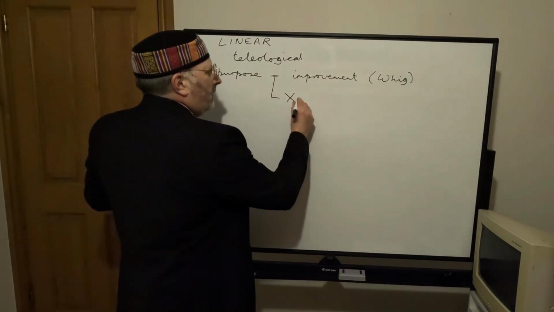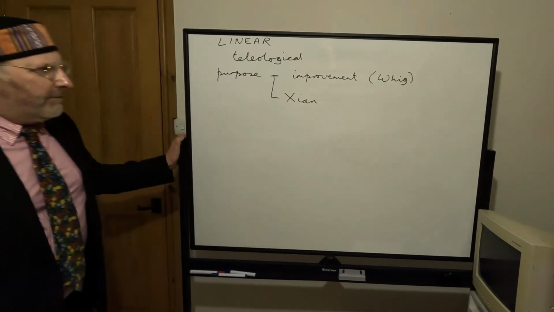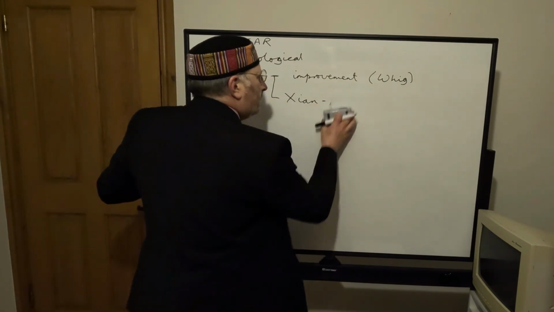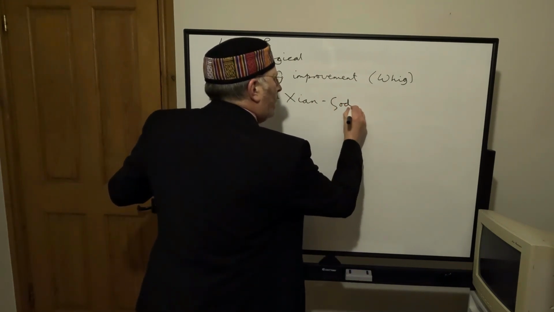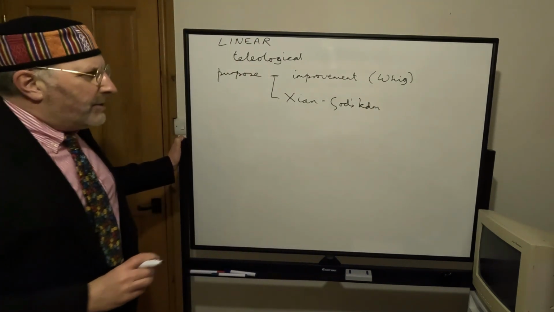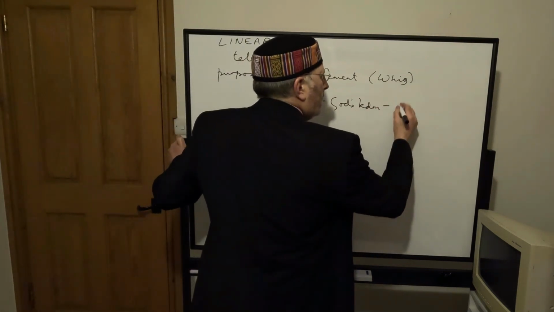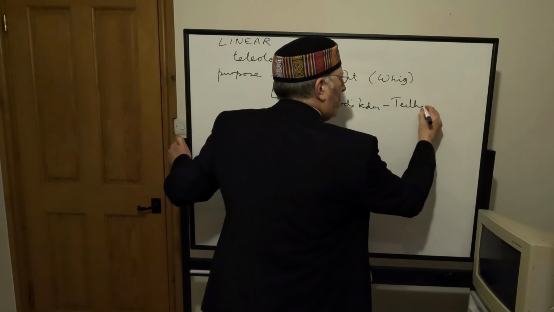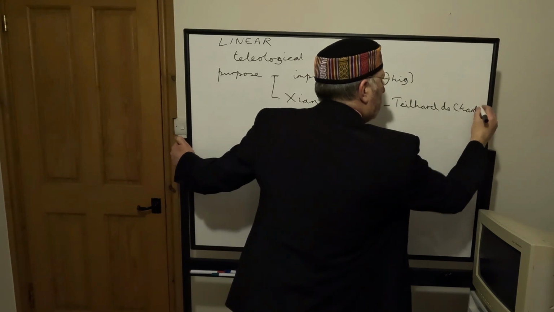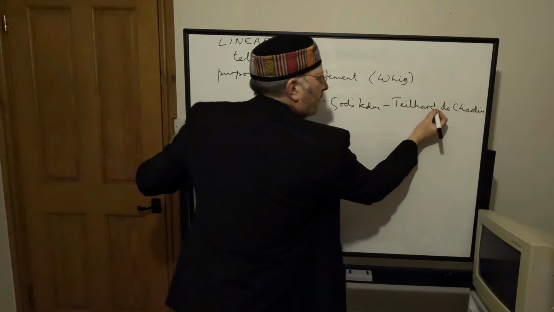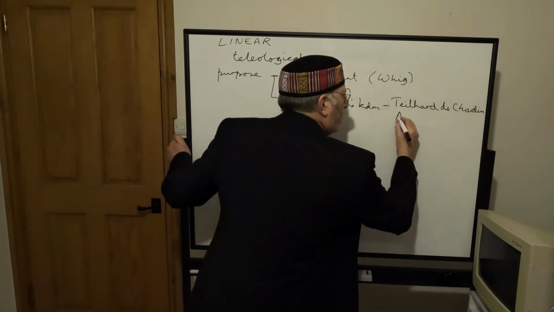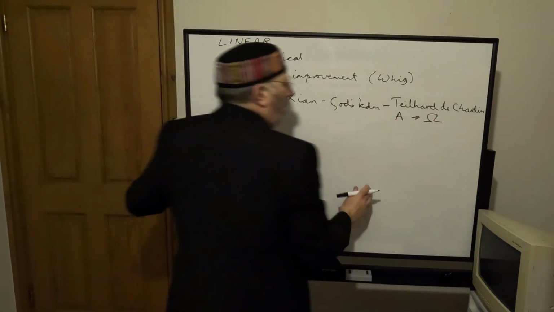We could also have, say, the Christian interpretation of history, that it's all about moving towards God's kingdom on earth, bringing God's plan into existence. And the Catholic philosopher Teilhard de Chardin, he was a Jesuit priest in the mid-20th century, talked about history as being about the movement from alpha to omega.